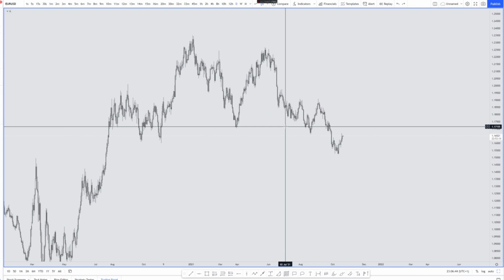But for the time being, I want you to understand market structure and expectational order flow, what you expect the market to do and what you don't expect the market to do. And just by understanding those things, you can be ahead of a lot of the other traders, because market structure is one of the most misunderstood things, and expectational order flow is the next one. If you can get these two things down, I promise you it'll get you months and months ahead of a lot of other people.